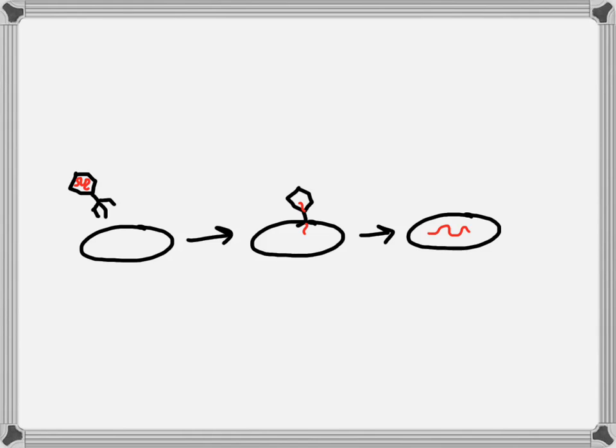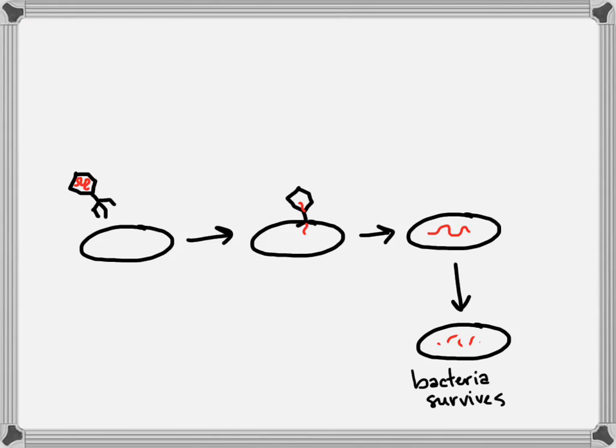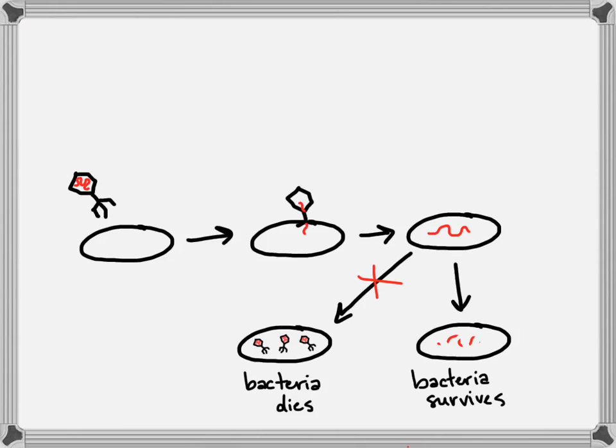The bacteriophage was always trying to inject its DNA into the bacteria, and so the bacteria, to prevent this, developed ways to chop up that viral bacteriophage DNA, or phage DNA, and it would survive, whereas the alternative was the phage invades, replicates itself, and the bacteria dies.